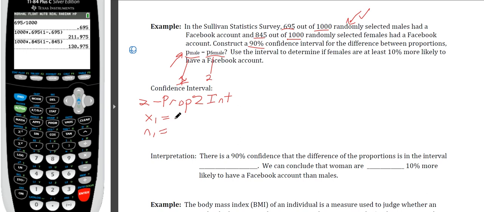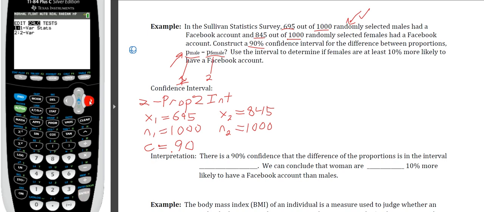For x1 and n1, we have 695 men out of 1,000 men. And for x2 and n2, for women, we have 845 women out of 1,000 women. And then it's also going to ask us for the C level, which here is 0.90. I believe that's it.